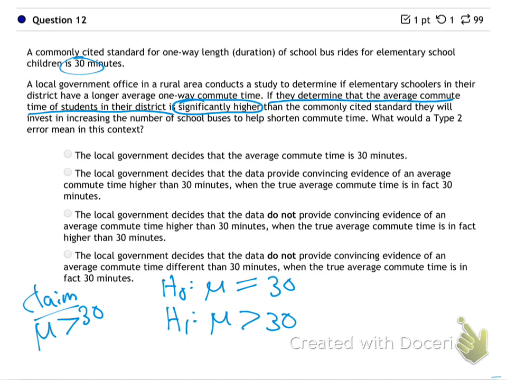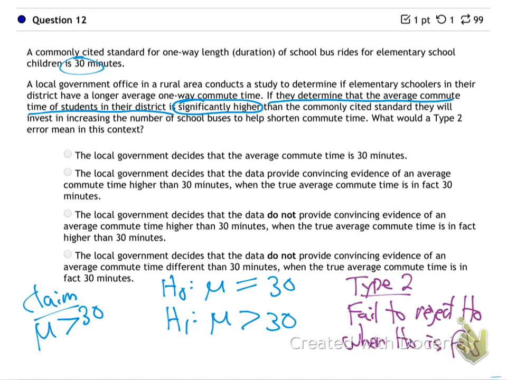What would a type 2 error mean? Type 2 error is the one where you fail to reject the null when the null is false. Right? Fail to reject the null when the null is false. So you fail to reject the null.